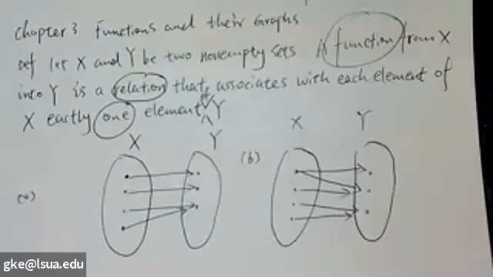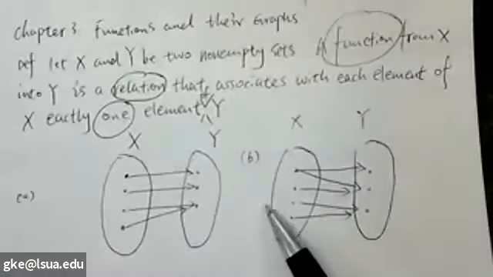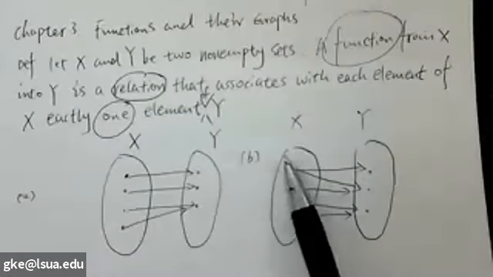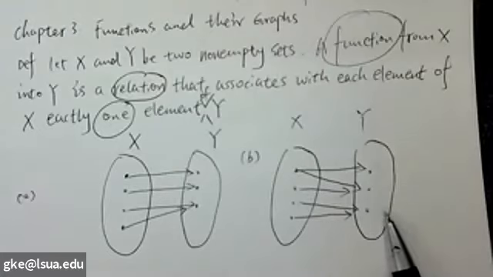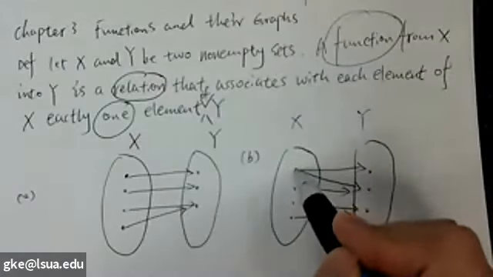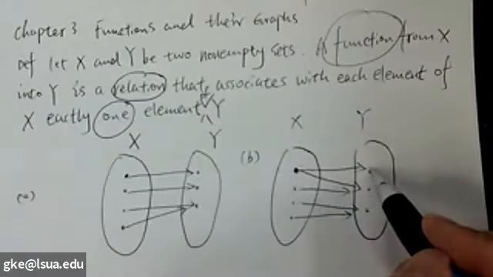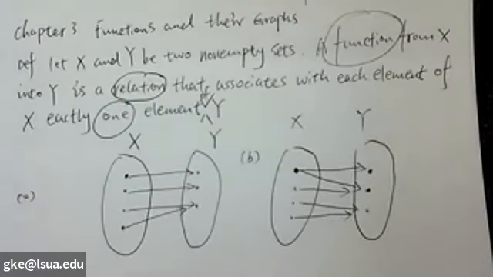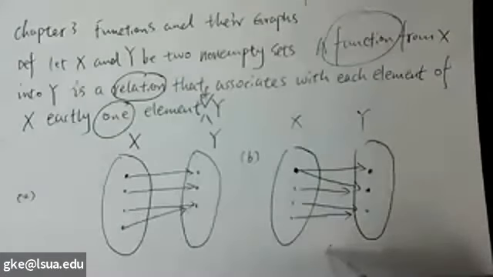Okay, let's take a look. The second case. Based on the definition, we know for a function, one element in X should have exactly one corresponding element in Y, right? However, let's take a look at this element. One element in X, however, we have two elements in Y. So that means this is not a function.